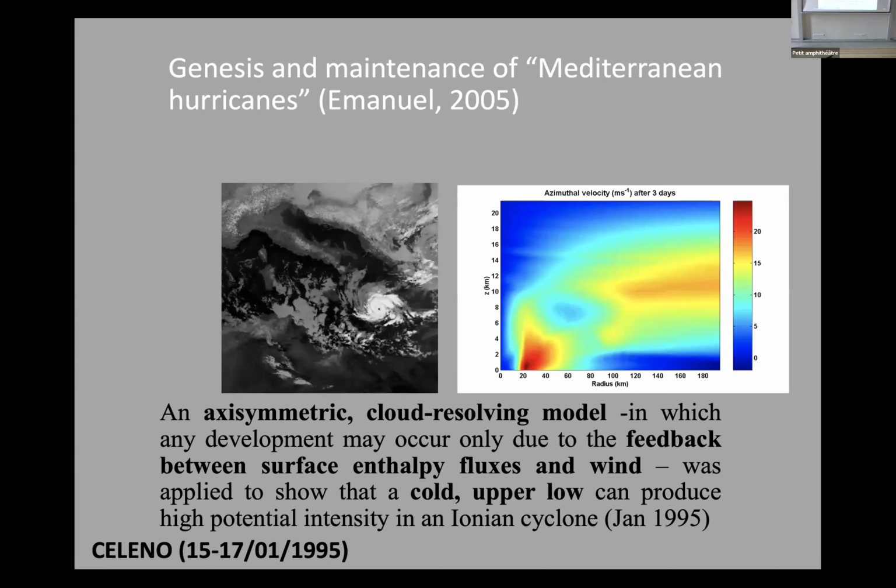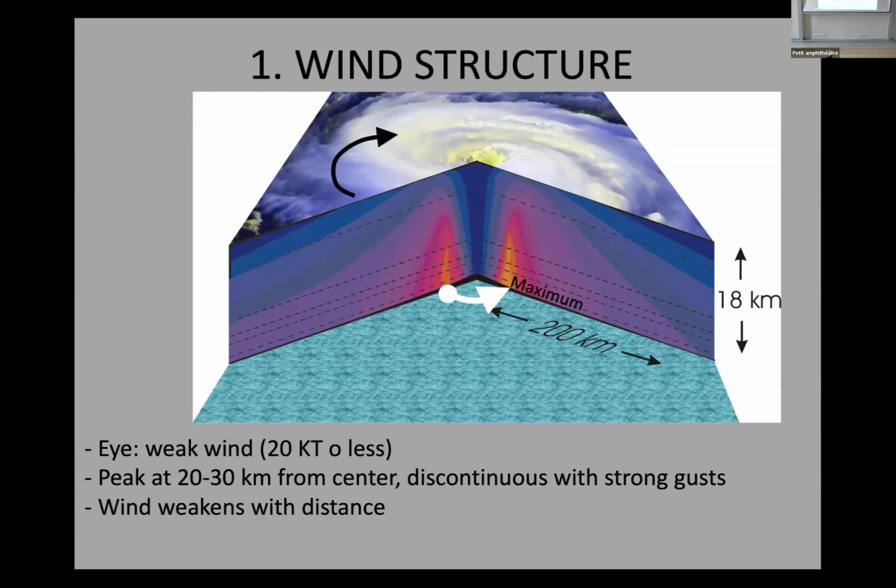In particular, the axisymmetric cloud resolving model was able to predict strong potential intensity when you put a cold upper level low at the beginning of the simulation. And the model is only based on the feedback between surface enthalpy fluxes and wind.